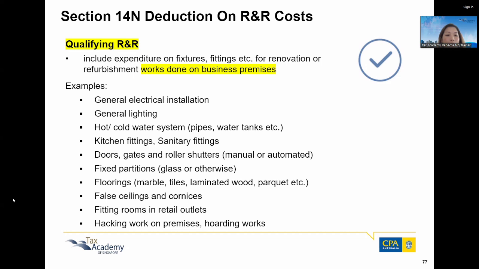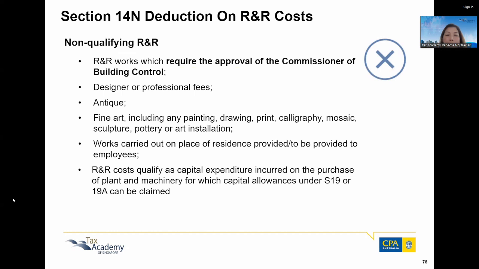We have flooring, marble, tiles, laminated wood, okay, any floorings, and false ceiling, cornices, fittings in the retail outlets or the hacking work on the premises. Okay, these are qualifying. That means they are allowable for deduction. Okay, qualifying.